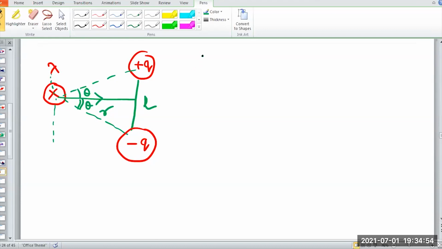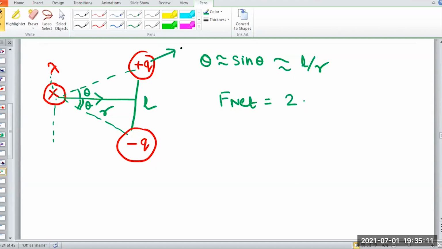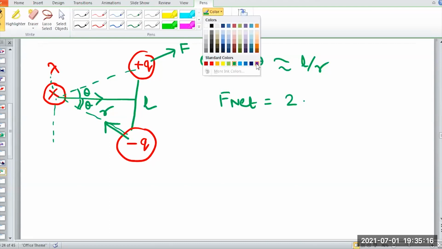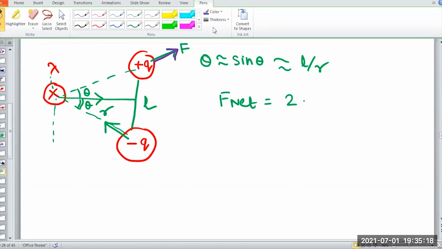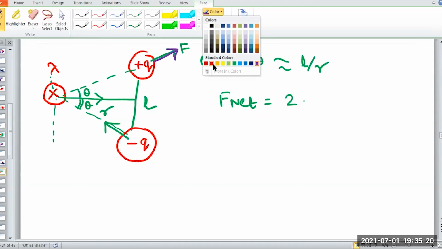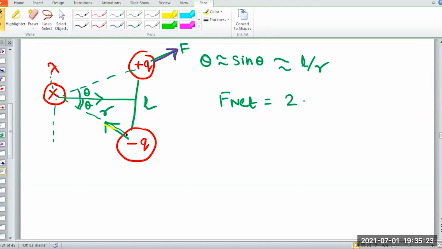For a small value of theta, I can write theta is approximately equal to sine theta is approximately equal to L by R. Now, force net will be what? 2 times, because this wire is in this direction. So this is pushing in this direction and this is pulling in this direction. It will push away the positive part of the dipole and pull towards the negative part.